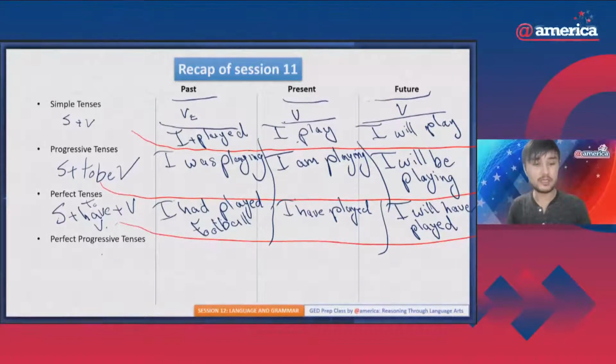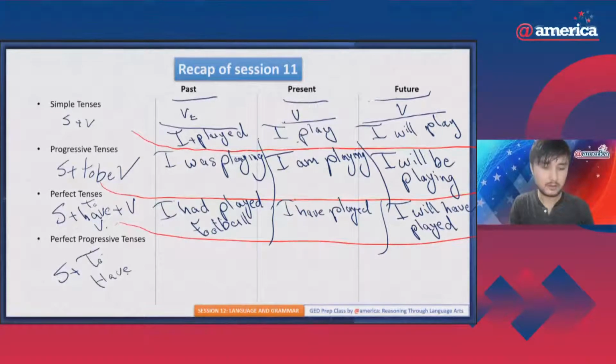Okay, for the perfect progressive tenses, you have to use subject and to have verbs. But you also use been, which is the third form of to be verbs.